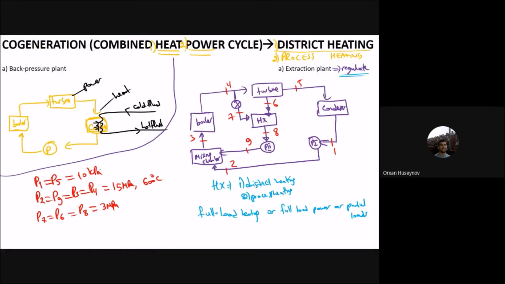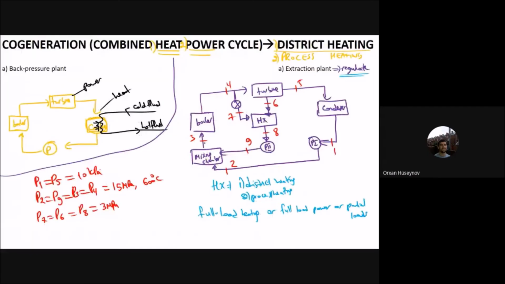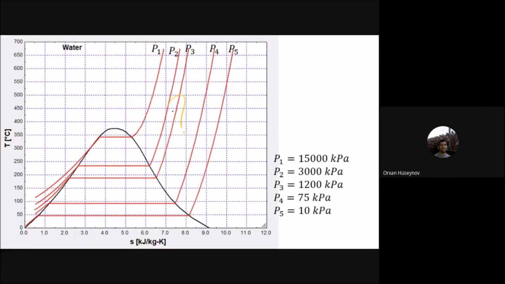Then from 2, go back to here, 2 is there, and then from 2 to 3, and then 3 to 4. All of them are isobaric, and 4 is at the maximum temperature and pressure. So 4 is here. This is the outlet of the boiler, 600 degrees Celsius, and you go along the same pressure line here.